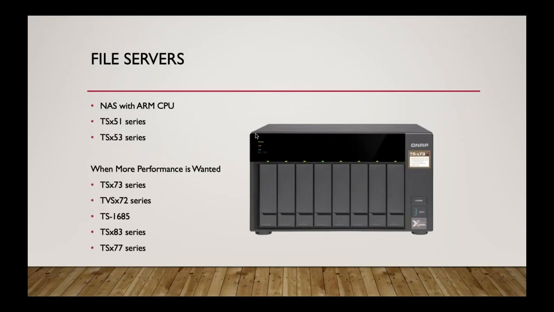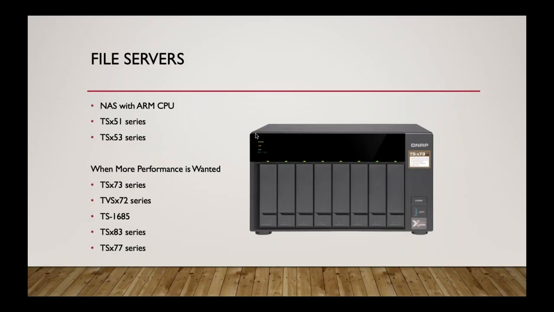So some good options for file servers. If you don't need particularly high performance, then even a NAS with an ARM CPU is fine, or a 51 series Intel CPU; 53 series is just great. But if you want higher performance, then for just a few $100s more, the 73 series offers, I'd say, much better performance at not even that much more money.